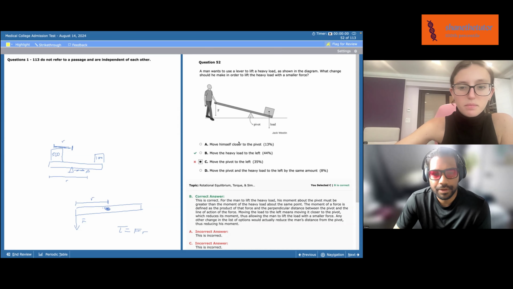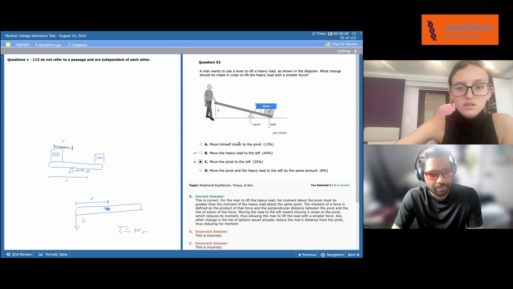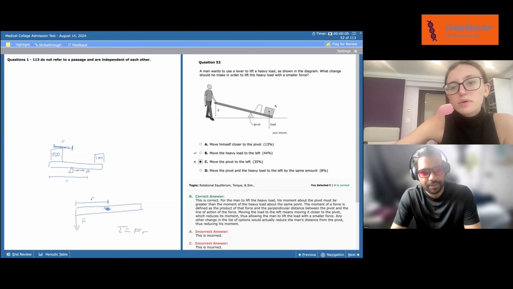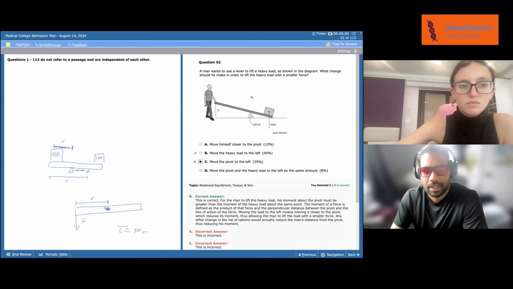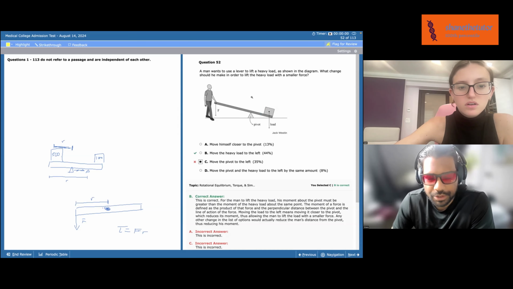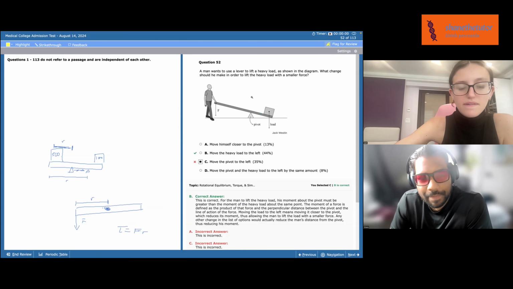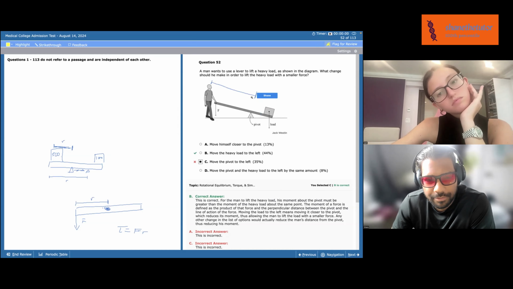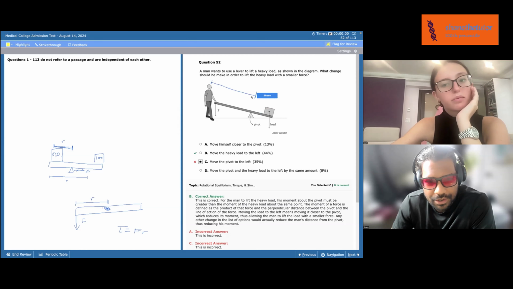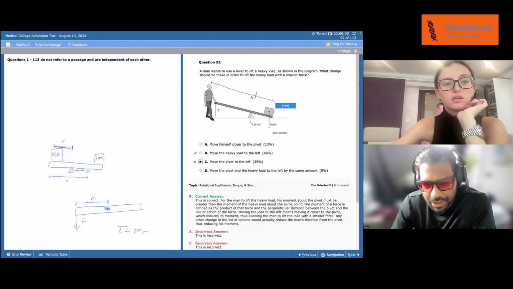So if you move the heavy load to the left, the torque of the heavy load decreases. But if you move him closer, it doesn't change the pivot or the load distance, so the torque stays the same. So you want to think about there's two torques happening, right? There's one torque happening between the person and the pivot, and another one between the pivot and the load.